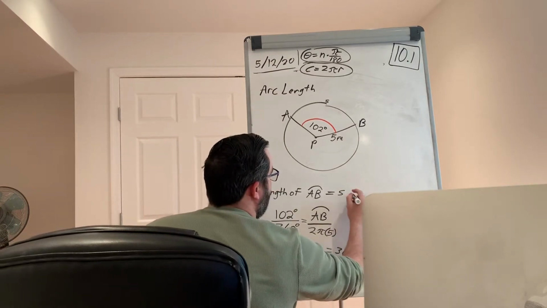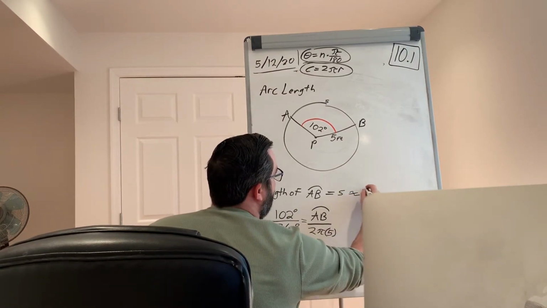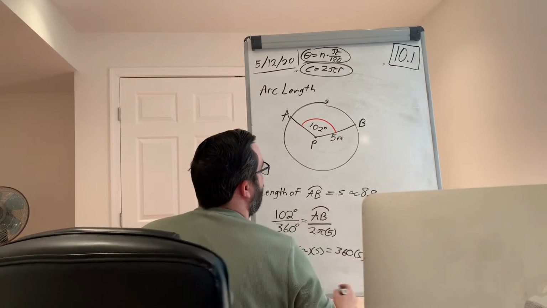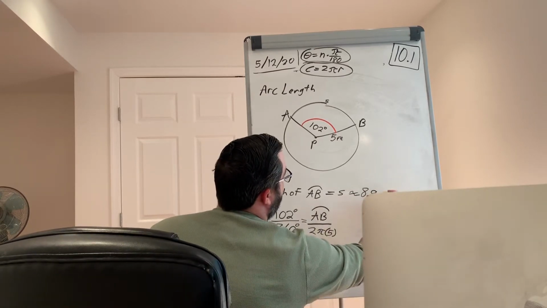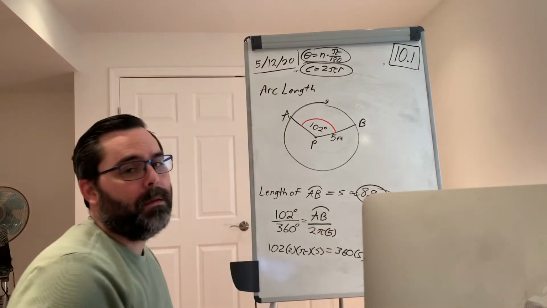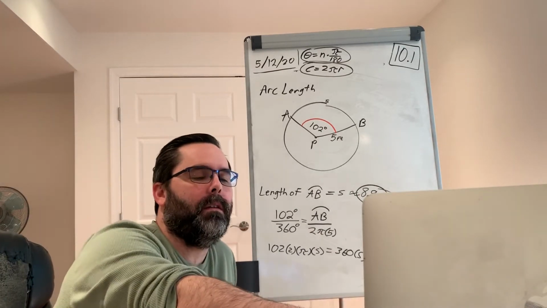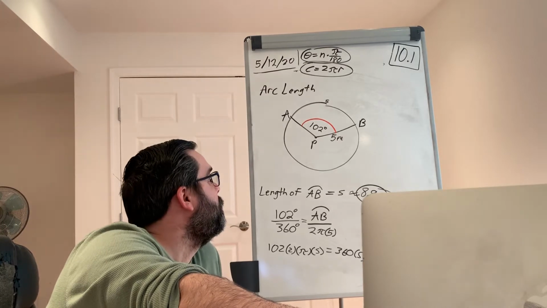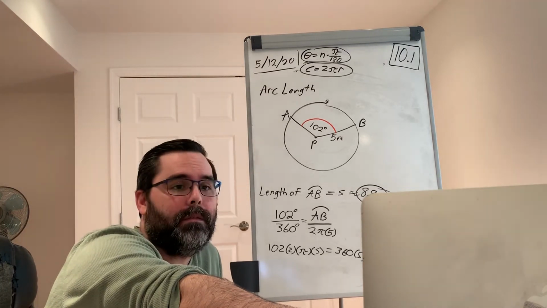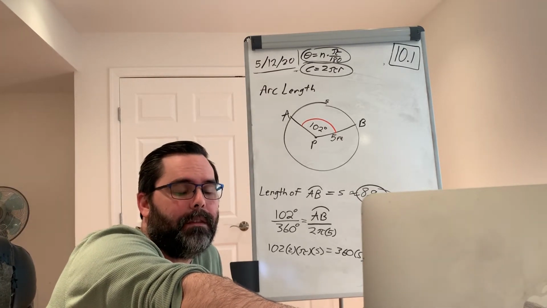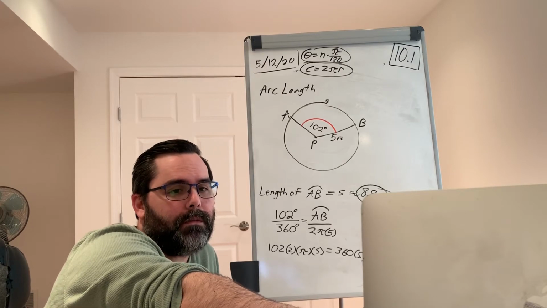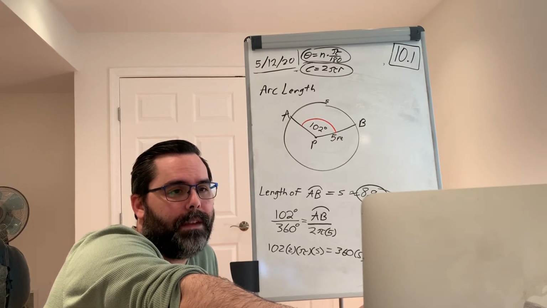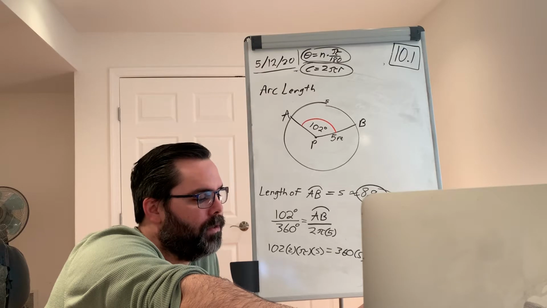So S is approximately 8.9 feet. Because again, we're looking for the arc length. Okay, this is circumference and length. That's how you find an arc measure, or an arc length.